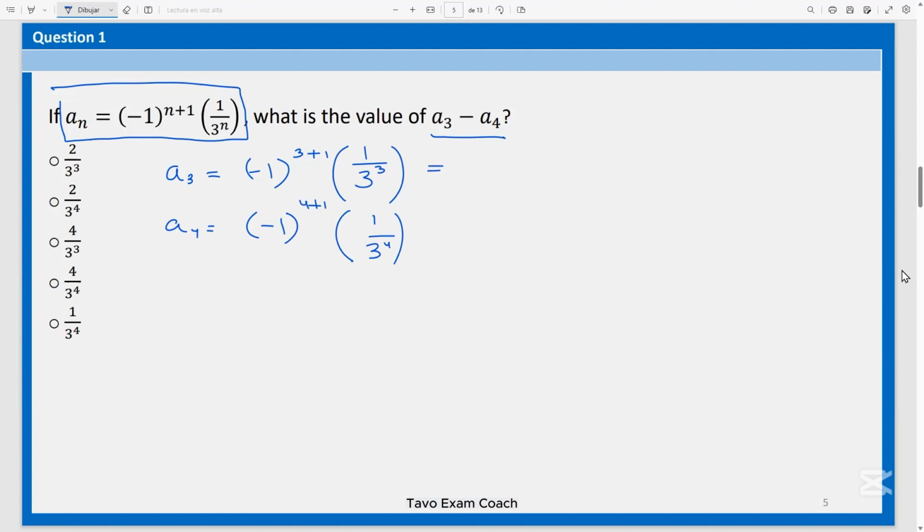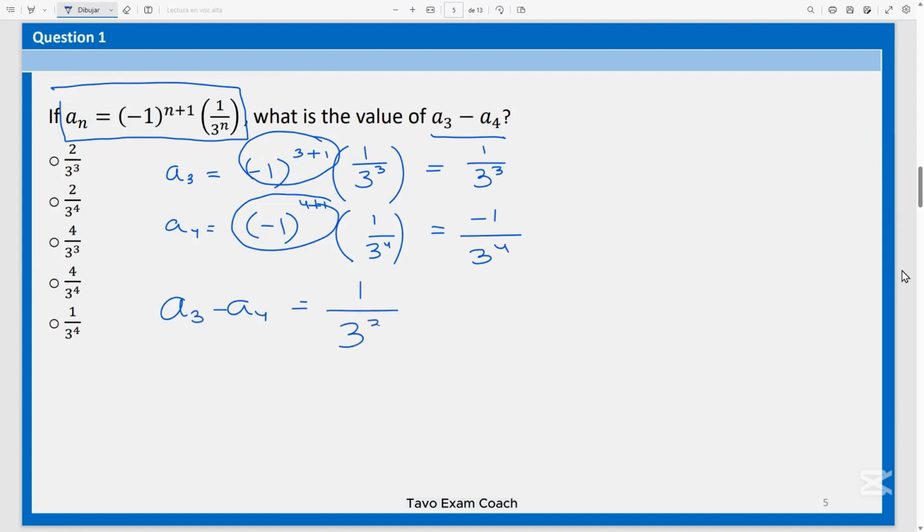So if we calculate the values, this power here is (-1) up to 4. So this is simply 1. Then the value of the term would be 1 over 3 cubed. But in the second term, (-1) up to 5 means -1. And this would mean -1 over 3 up to 4. Now let's do the subtraction of the two terms. It would be 1 over 3 cubed, take away -1 over 3 up to 4.